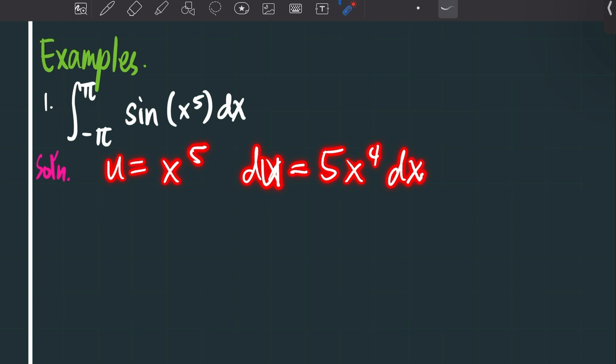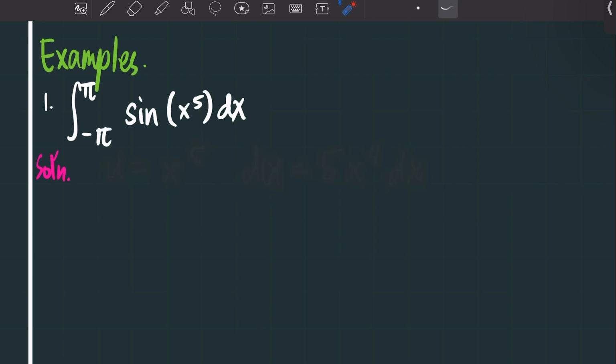However, you don't have a factor of 5x raised to 4. So, u substitution would not do us any good. Pero, tignan natin yung bounds, no? Yung bounds natin is negative pi to positive pi. So, what we can do is check kung meron tayong symmetry na makikita.